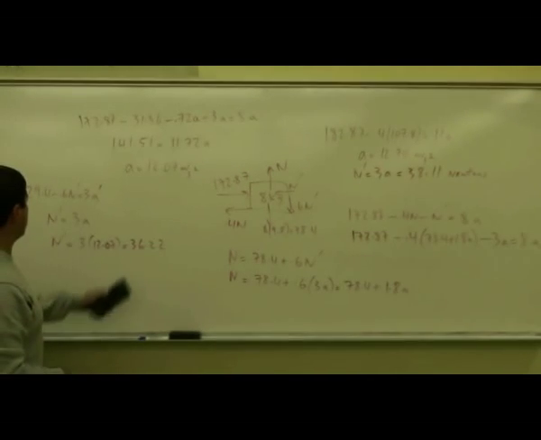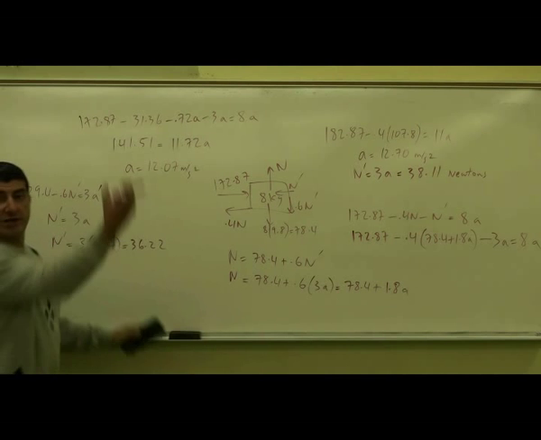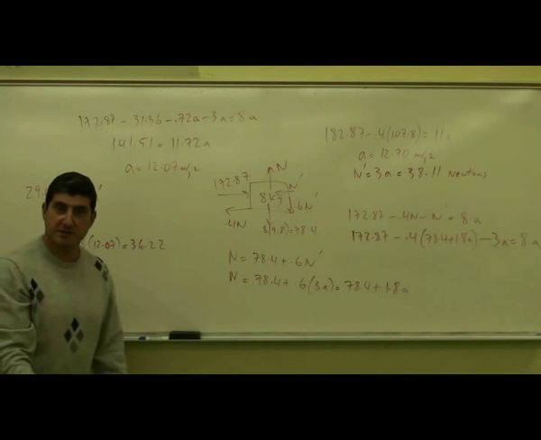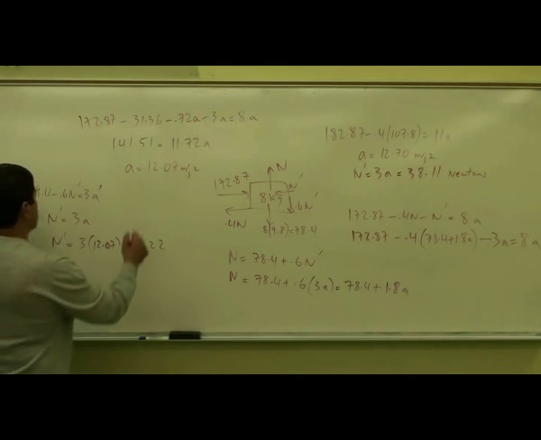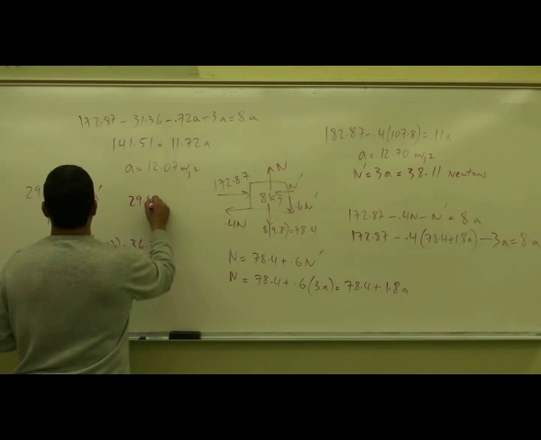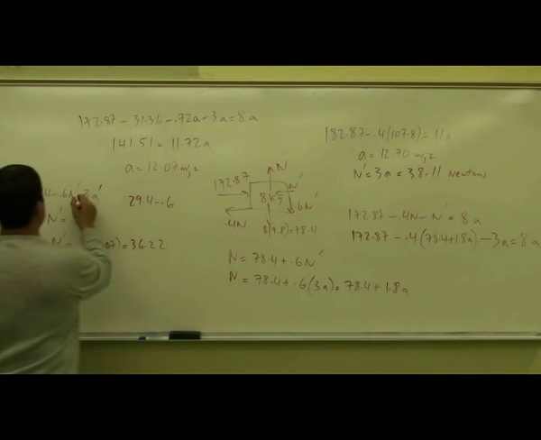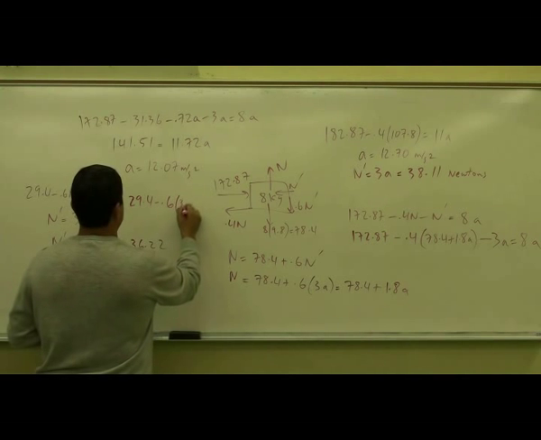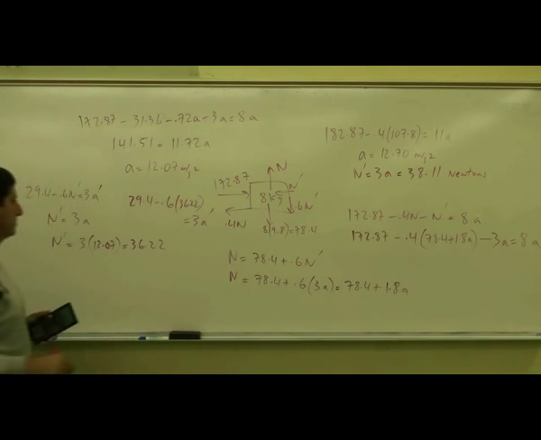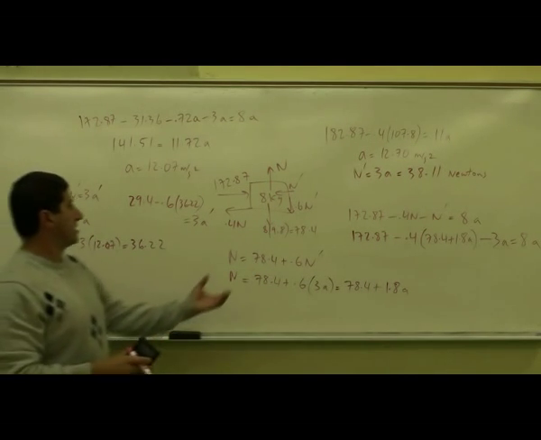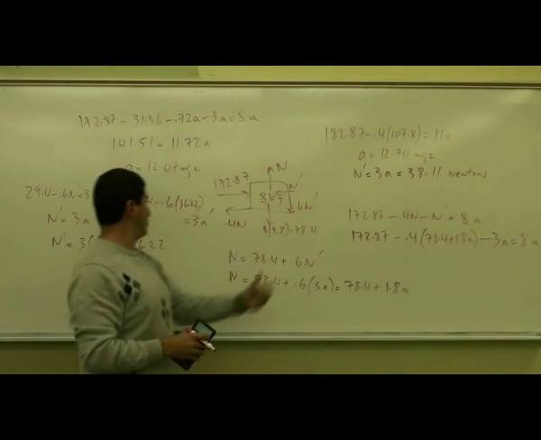Then we could take that, put it into here, and calculate the downward acceleration of the 3 kilogram block. So you have 29.4 minus 0.6 times 36.22 is equal to 3a prime. You see? Because the 3 kilogram block is accelerating down.